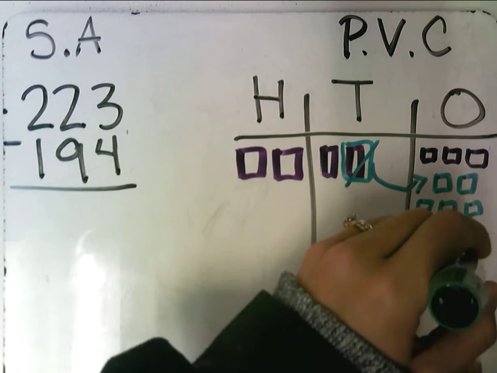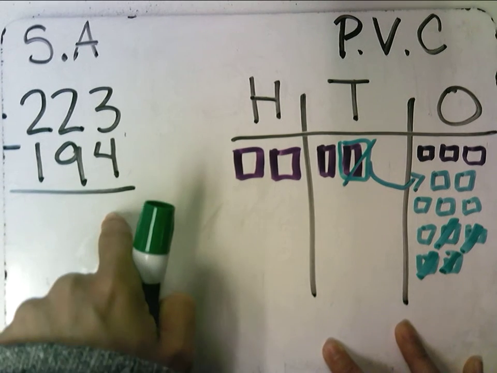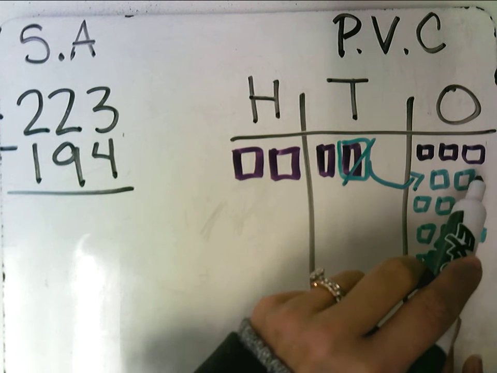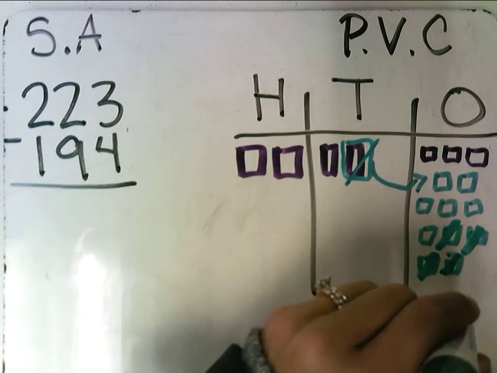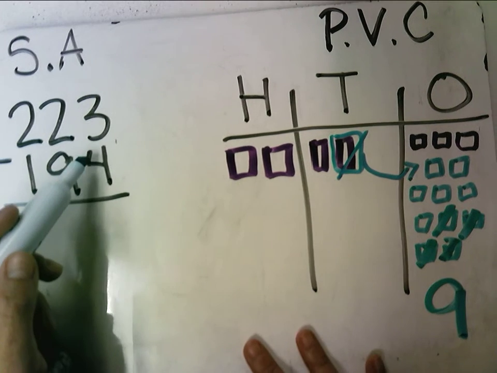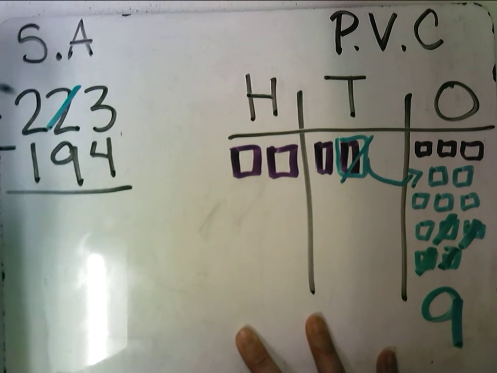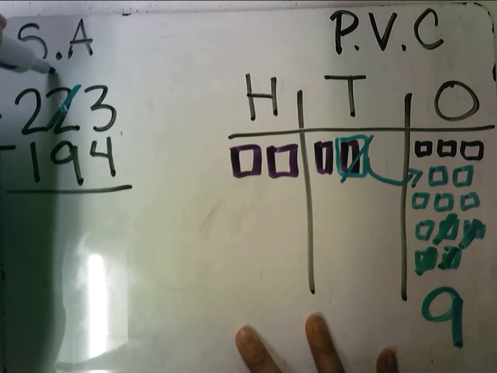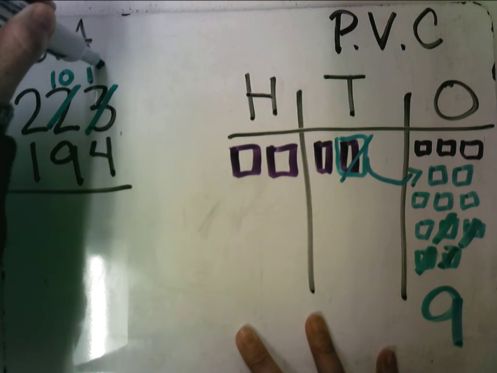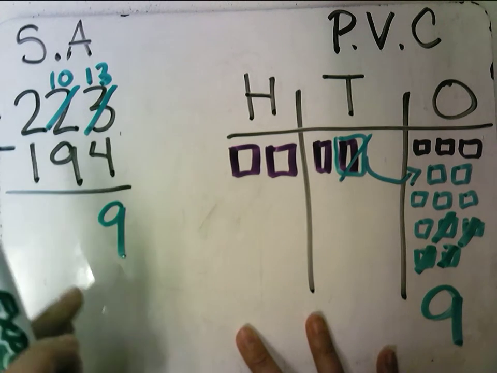So here's 1, 2, 3, 4. I just took away 4 ones. Now we're left with 9 ones. And over here in our standard algorithm, that looks like this. We're borrowing 1 ten from 2 tens, then we're just left with 1 ten and 13 ones. 13 ones minus 4 ones is 9.